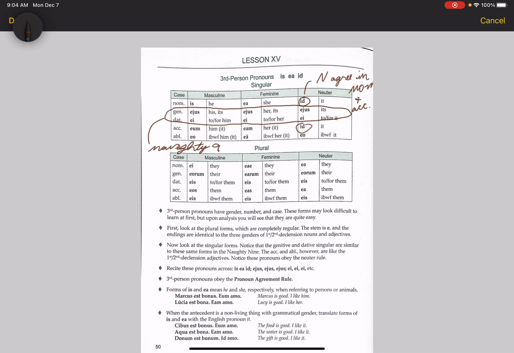Okay, same in the plural. They have ea in the nominative case and ea in the accusative case. Okay, so this is a declension of is, ea, id, which is he, she, or it.